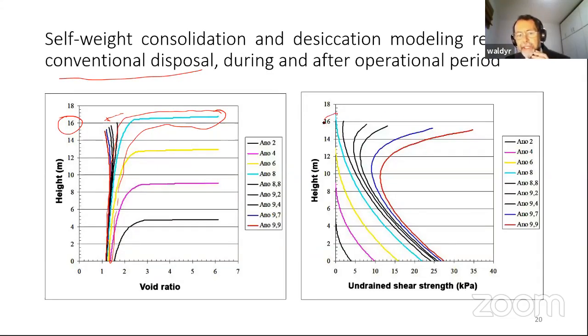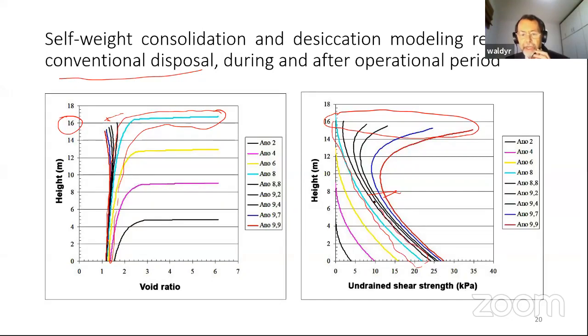And of course, the desiccation starts on top of the layer and goes down until we reach maybe something in the middle of this field. Of course, because it was a thick layer, the desiccation wasn't that effective. But at least you see the near surface material was in a condition much better than what it would have if your material was just consolidated.